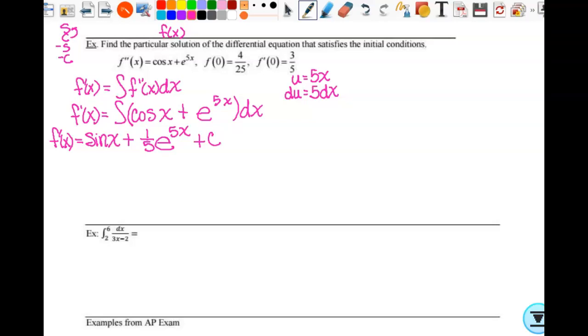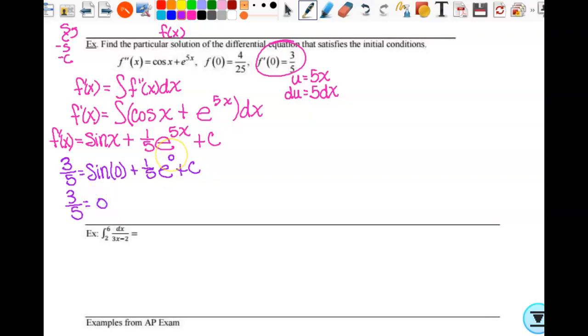Well, I know that f prime of 0 is 3/5. So 3/5 is equal to the sine of 0 plus 1/5 e to the 0 plus c. Right, so 3/5. What's sine of 0? 0.